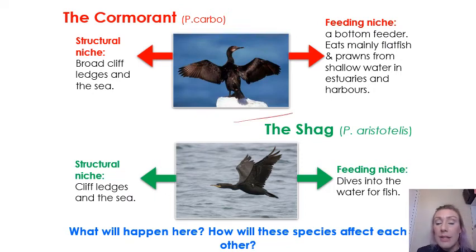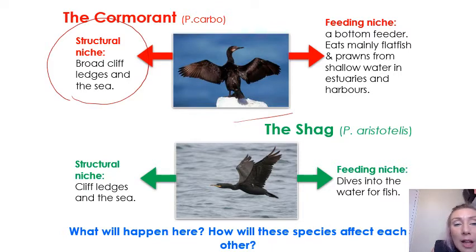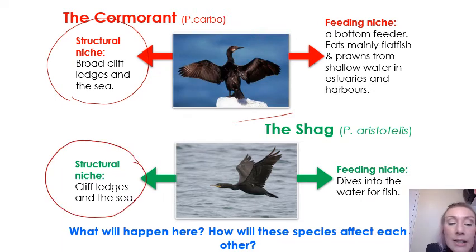If we look at where it lives, it lives on the broad cliff edges and obviously goes to catch its food in the sea. Now, it looks like our second seabird lives in a similar habitat within that ecosystem. Look, on the cliff edges and also feeds in the sea.